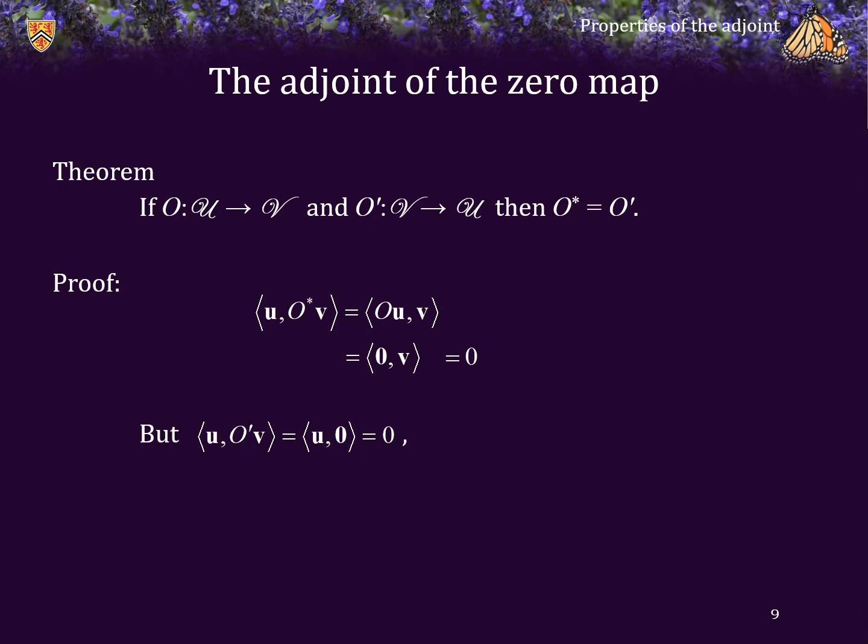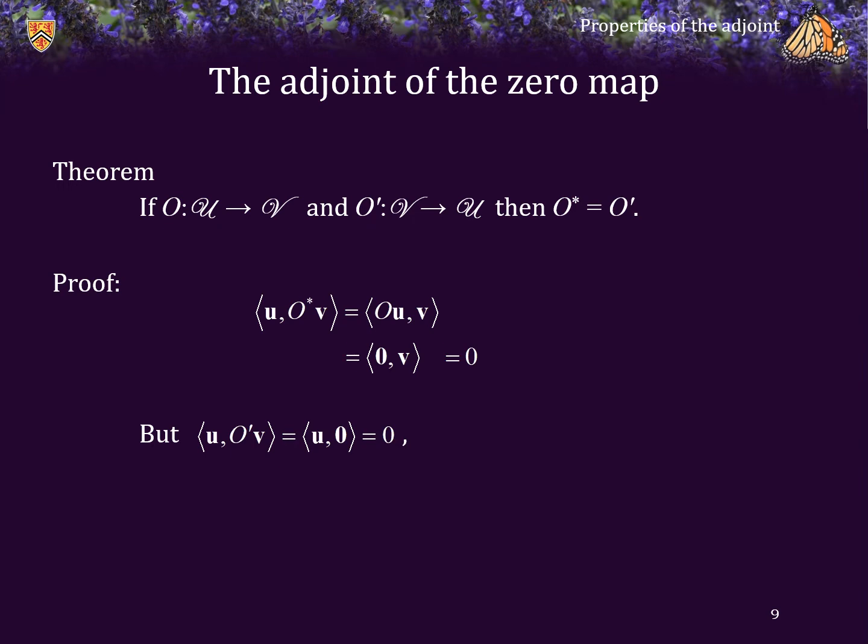However, the zero map 0 prime that maps V onto U also maps the vector V onto the zero vector in U, and the inner product of the vector U and the zero vector is also equal to 0.